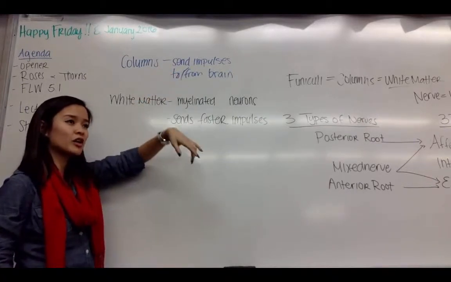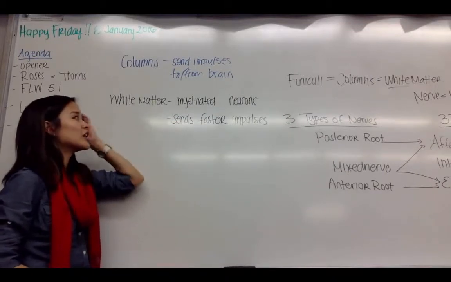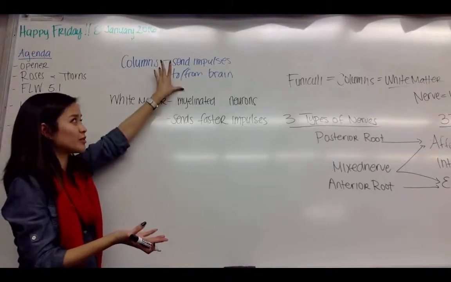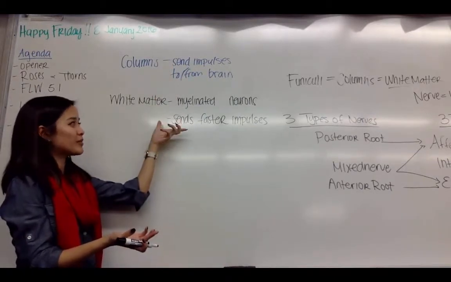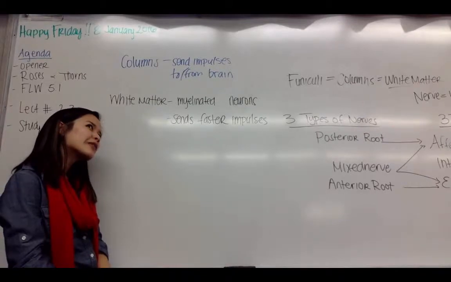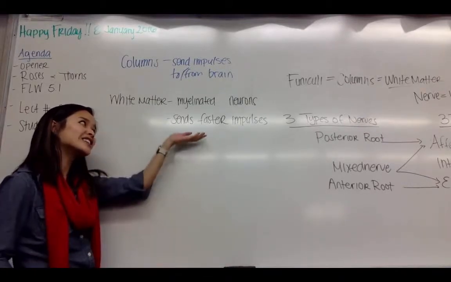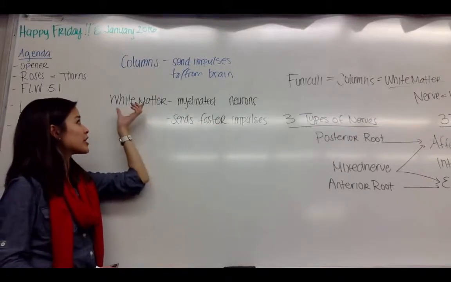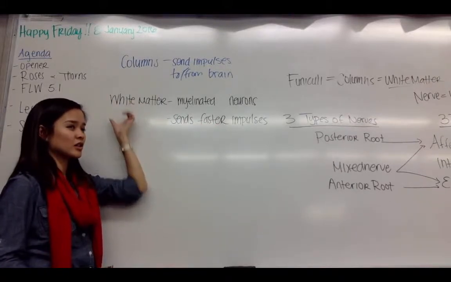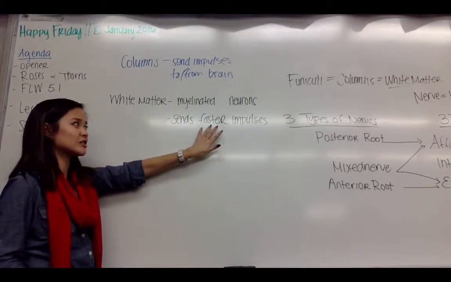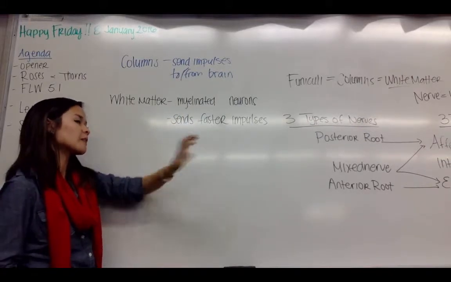So you kind of got to make a connection between, all right, well, columns are supposed to send information to and from the brain, and they're made up of white matter, which sends impulses really fast. Why would that be a good thing, or why would you want it to send faster impulses? And when we say faster, what are we comparing white matter to? Gray matter, which is not myelinated, and therefore you would assume that it sends impulses slower.